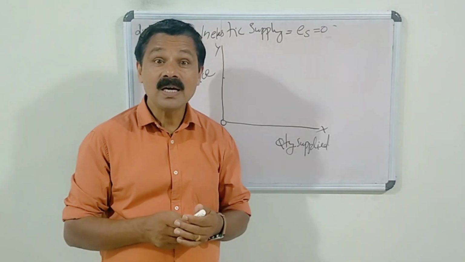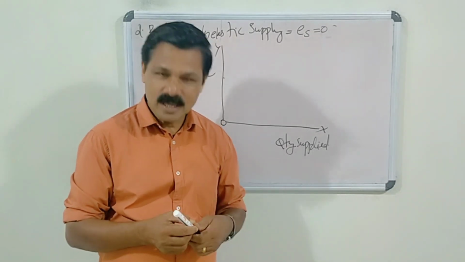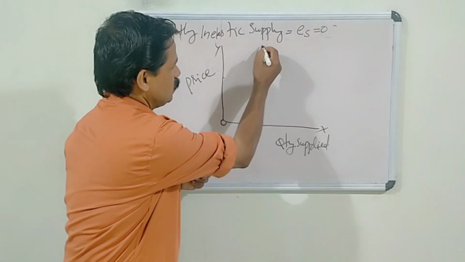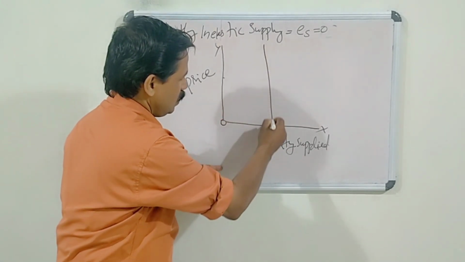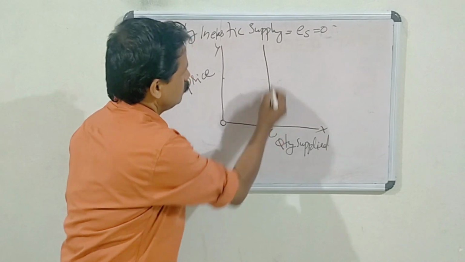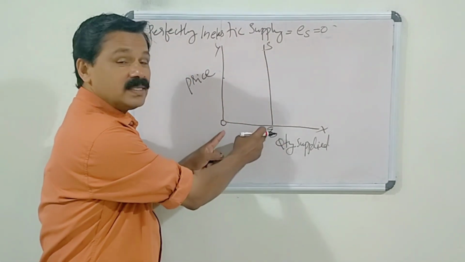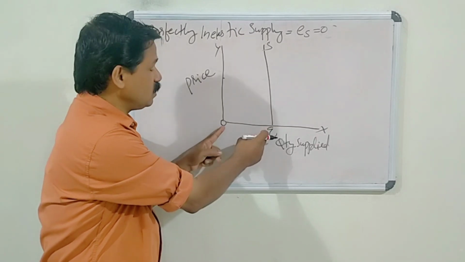Here the supply curve has been drawn quite vertically along the y-axis. Quantity supplied remains unchanged, say OQ.